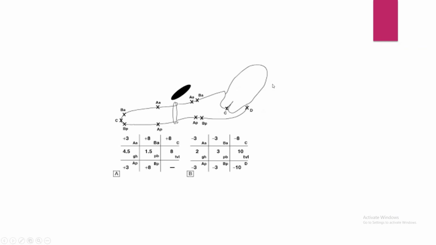In this normal position, what are the values? AA and BA both will be at -3. AP and BP both will be at -3. Here TVL, suppose it is 10. So C point is -8, 10 minus 2.